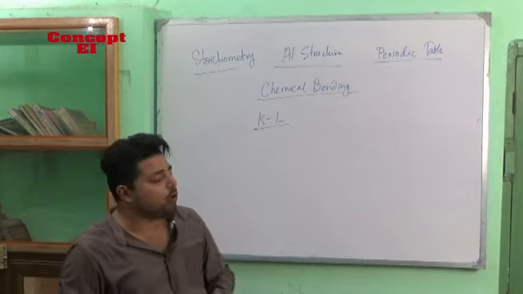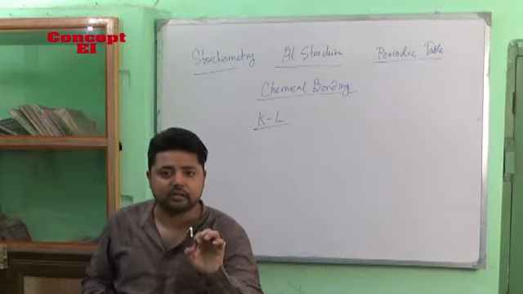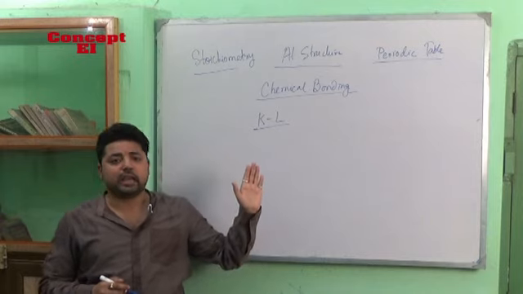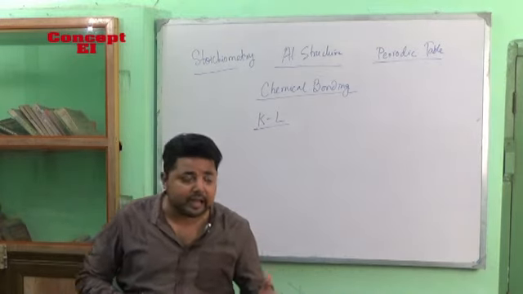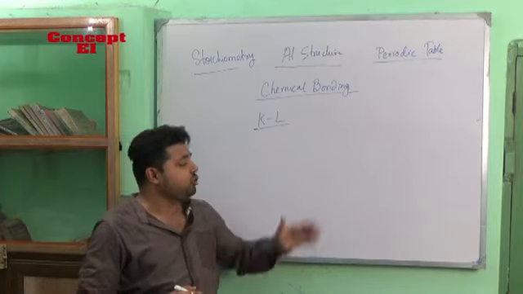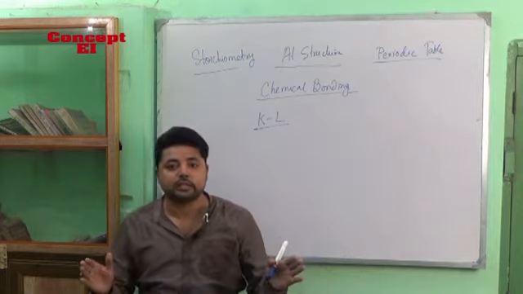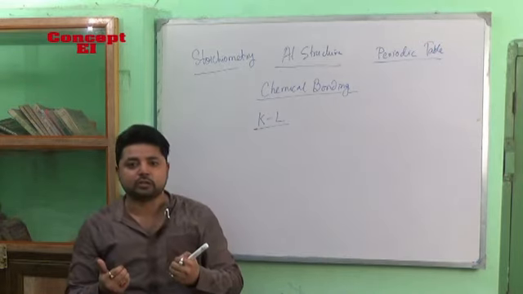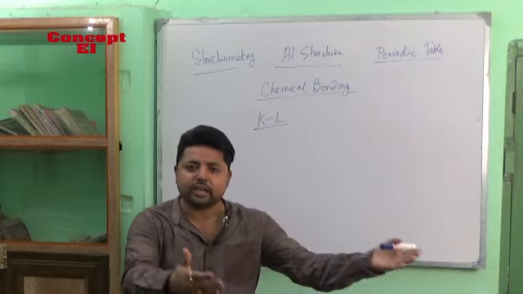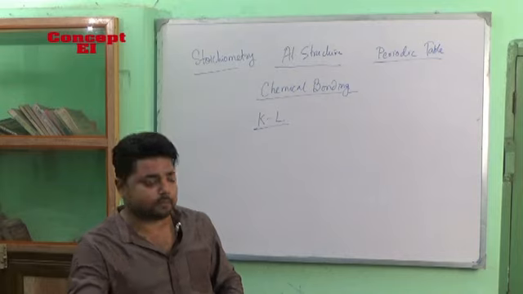Because chemical bonding didn't come like that before Lewis and Kossel. Kossel and Lewis showed us that whenever we are trying to frame a bond, we should know how the molecules interact with each other, how they are coming close to one another, how they are communicating with each other. Like, hello, I am coming in.